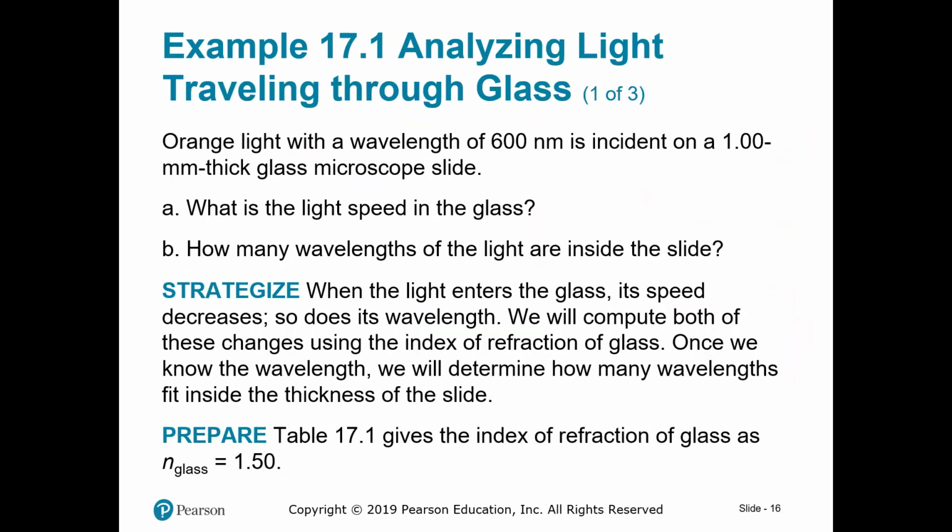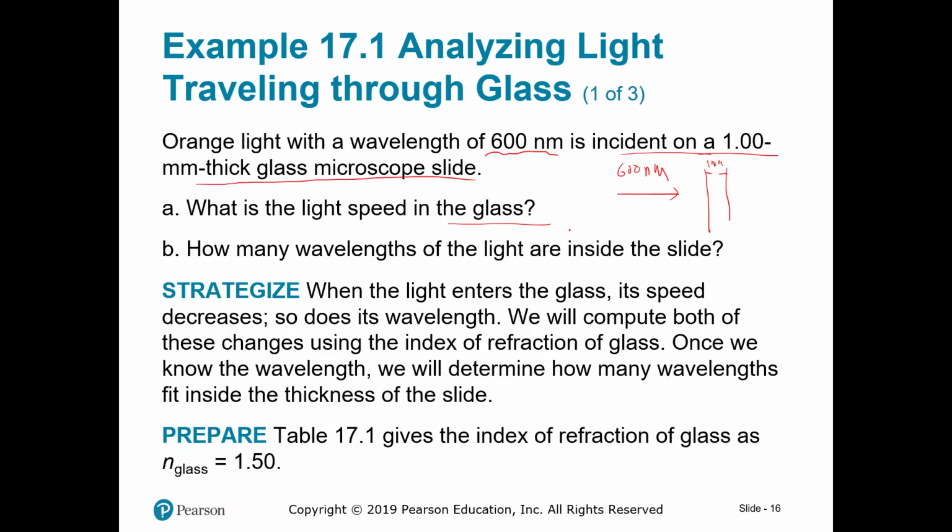Now, orange light with a wavelength of 600 nanometers is incident on a 1 millimeter thickness of glass. What is the light speed in the glass?